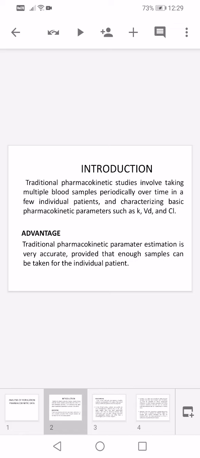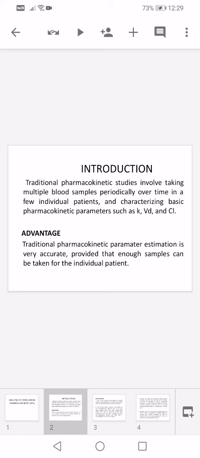From the samples we estimate parameters like K, VD and CL, and with that we conclude whether our drug is working properly in a patient.